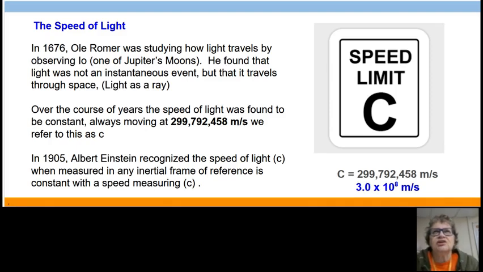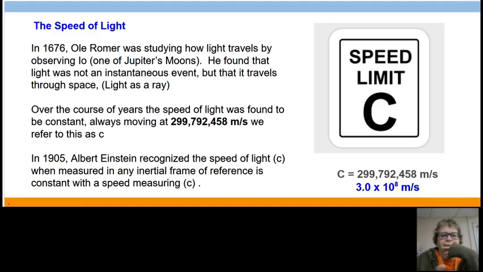But then he started looking at it from the view of other reference frames and realized that light has to have the same speed no matter what inertial frame you're looking from. So in the frame of the observer, it's 3 times 10 to the 8th. In the frame of the object, it's 3 times 10 to the 8th. From, I don't know, an ant in a moving object, it's still 3 times 10 to the 8th.